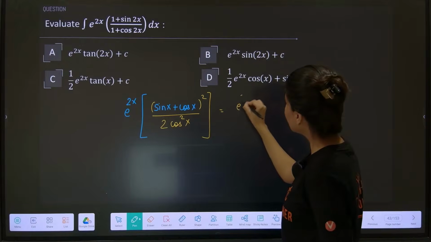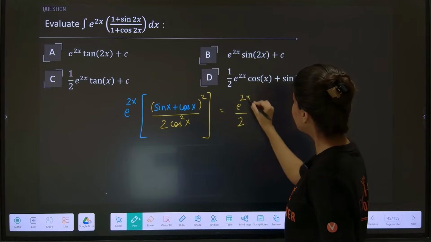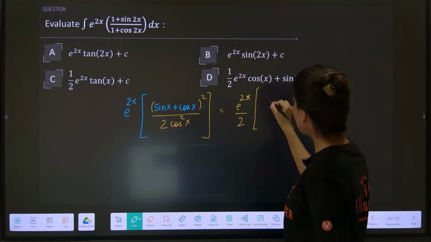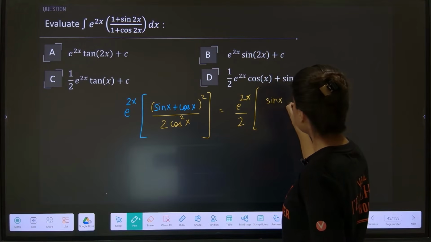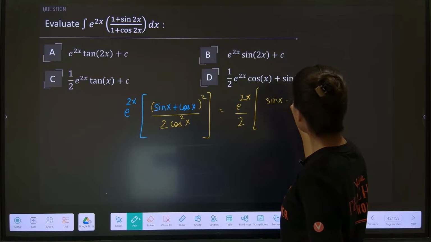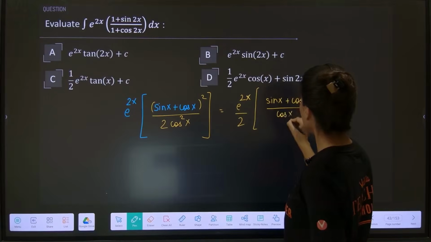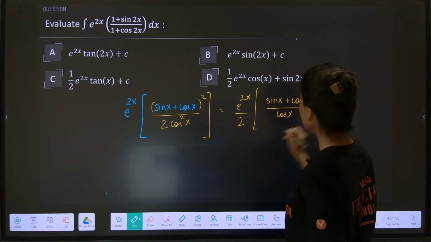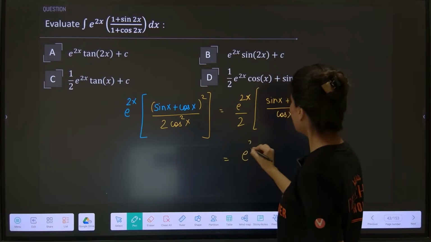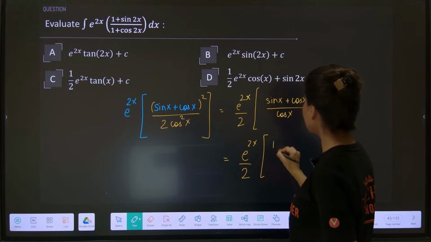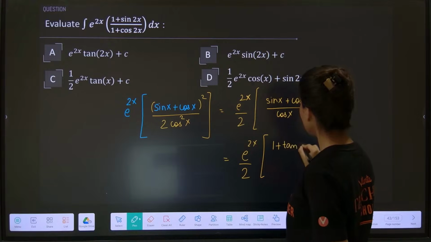E power 2x by 2 is already there, and you have sin x plus cos x upon cos x whole square, so e power 2x by 2 times tan x plus 1 whole square, basically 1 plus tan x whole square.